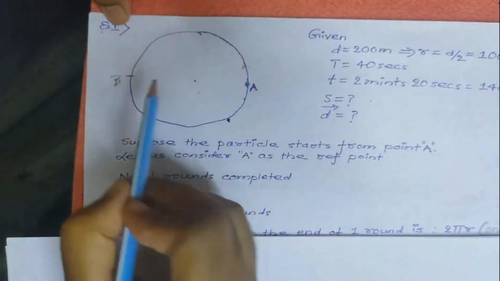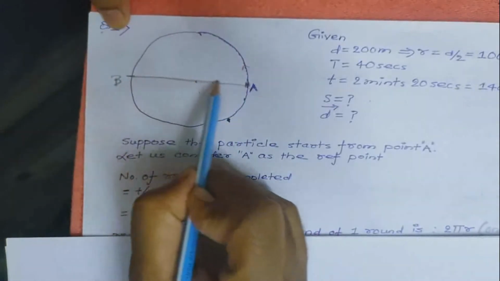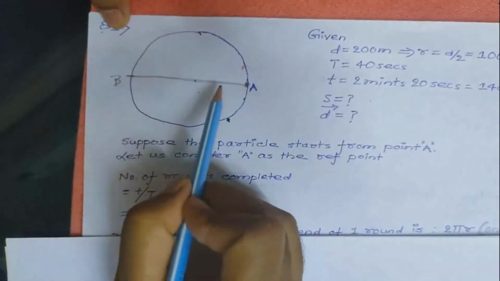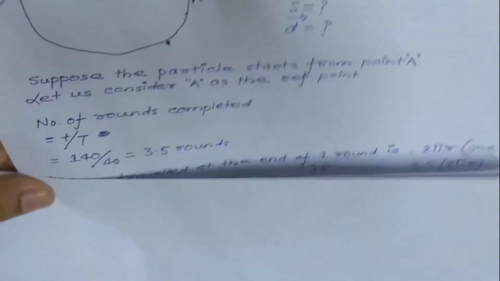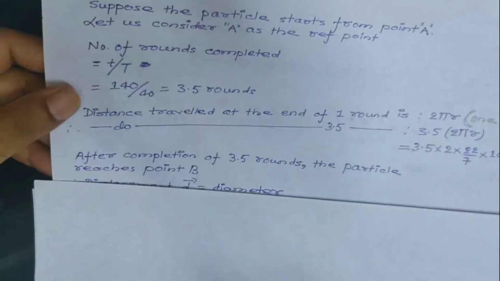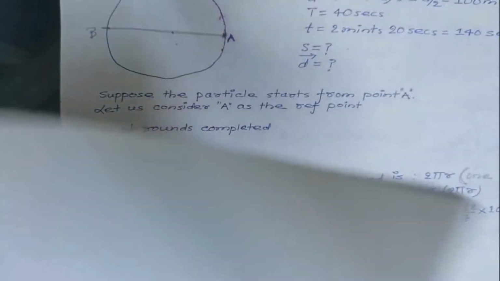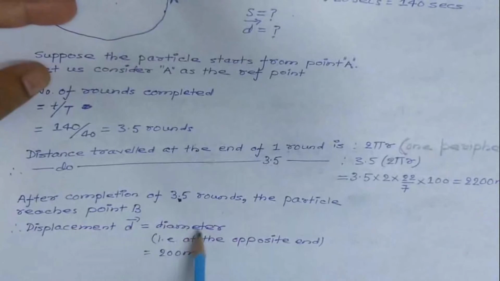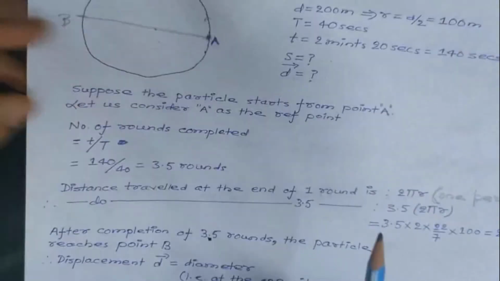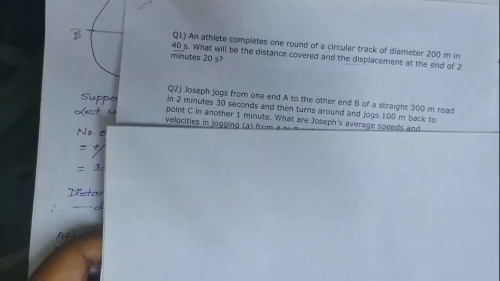What is this distance? This distance is a diameter. So displacement in this case is the diameter of the circle. After completion of 3.5 rounds, the particle reaches point B, displacement equals diameter at the opposite end. So it is as simple as that, not a big deal.